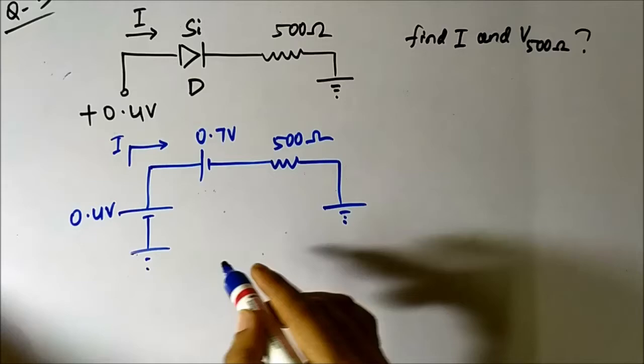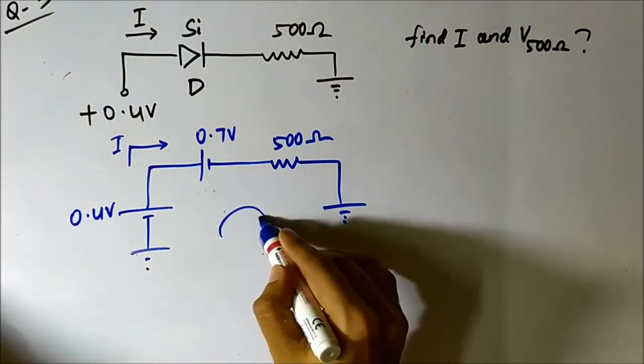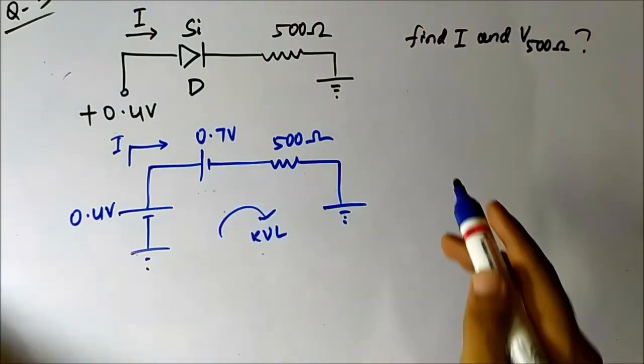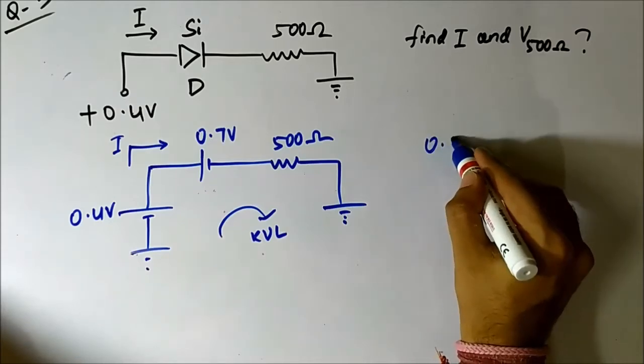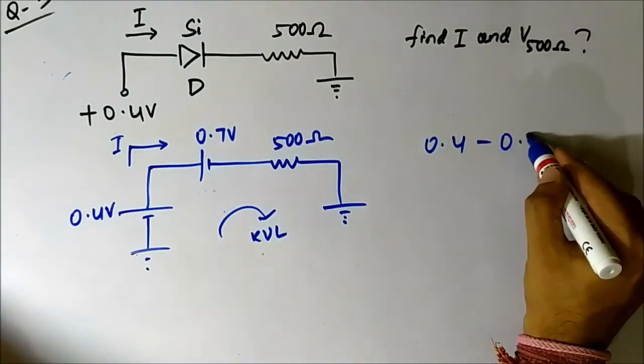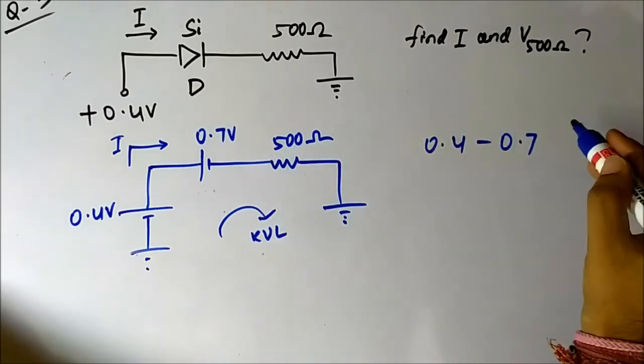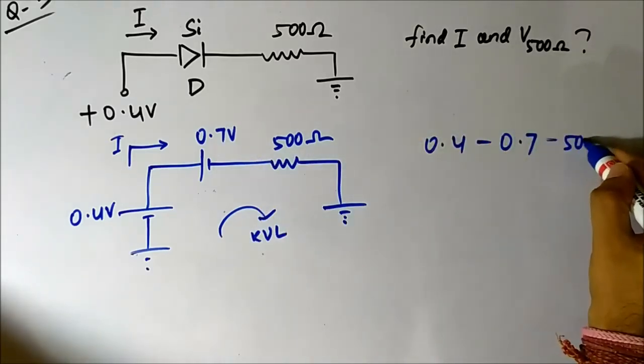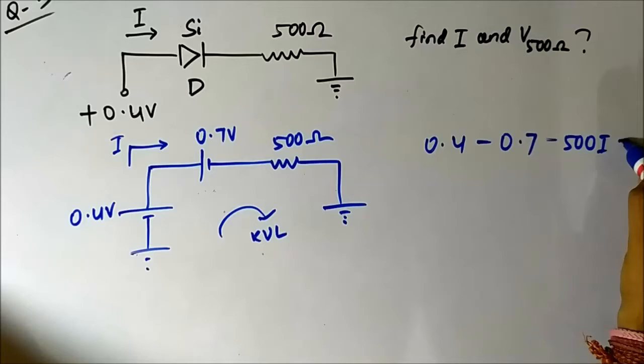So here, to find this current, we'll apply KVL. The KVL will be 0.4 minus 0.7 minus 500I is equal to 0.